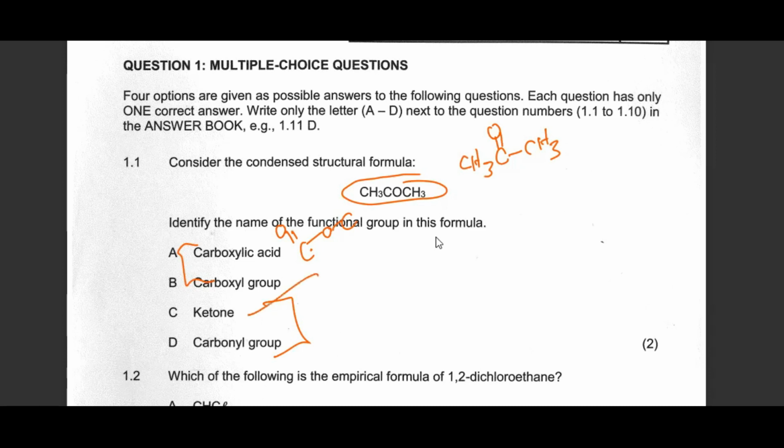For a ketone we expect the carbon atom to be in the middle of two alkyl groups. So there must be another carbon atom this side, another carbon atom this side. Therefore, this becomes a ketone.